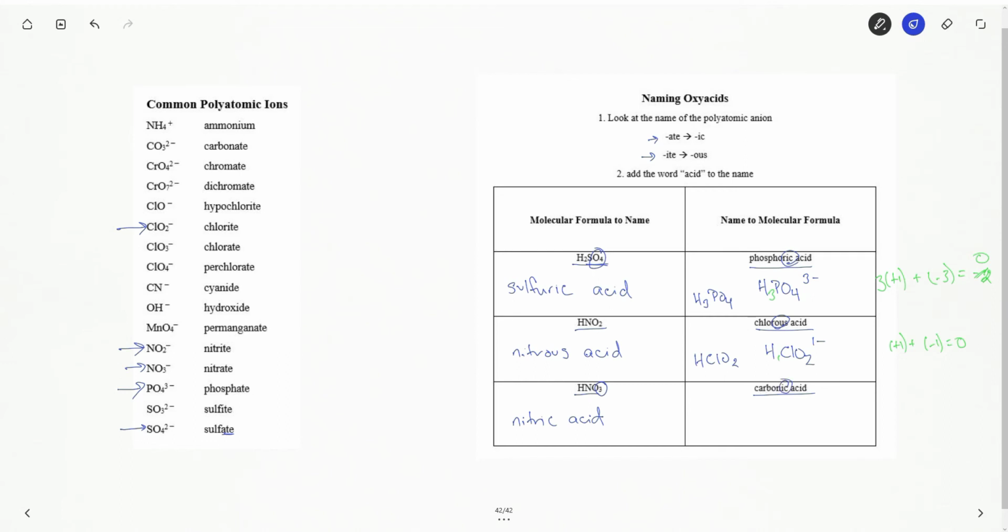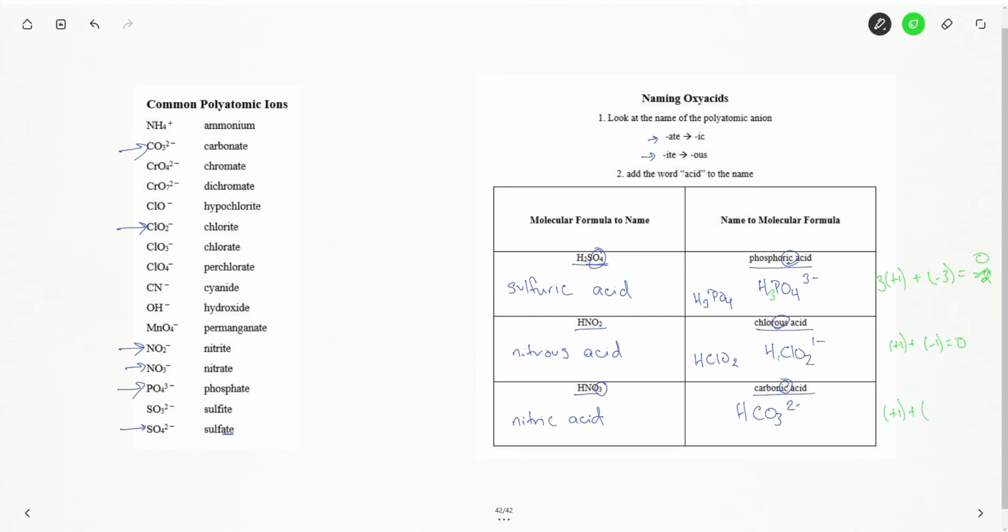Again, I'm focusing in here on this ic ending. So if I go to my polyatomic ions, here I find carbonate, ATE. That is CO3, it has a charge of 2-. I know I have a hydrogen, I just don't know how many quite yet. Let's do our math. Hydrogen has a charge of +1.